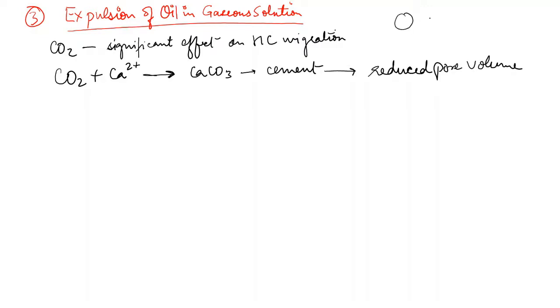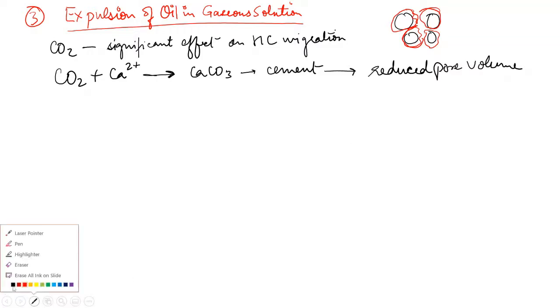Say, for example, if this is a pore and there is formation of cement in this pore, it will definitely reduce the pore volume. So the pore which was earlier quite big has been reduced to a smaller pore. Now this is the effective pore volume, which in the previous case was very big.